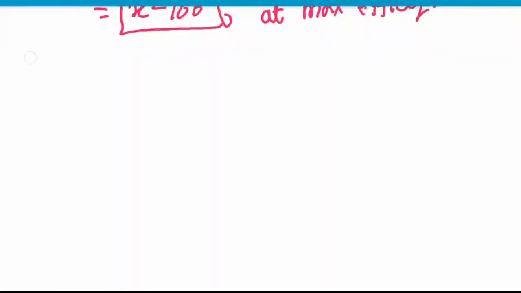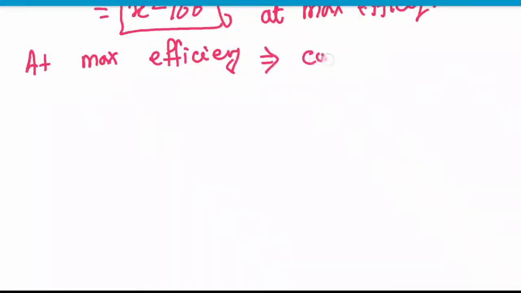So at maximum efficiency, copper loss will be equal to iron loss.